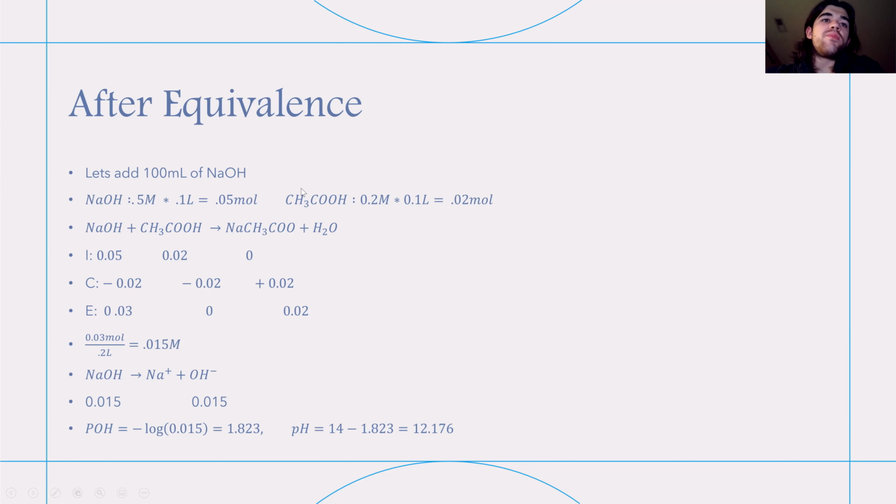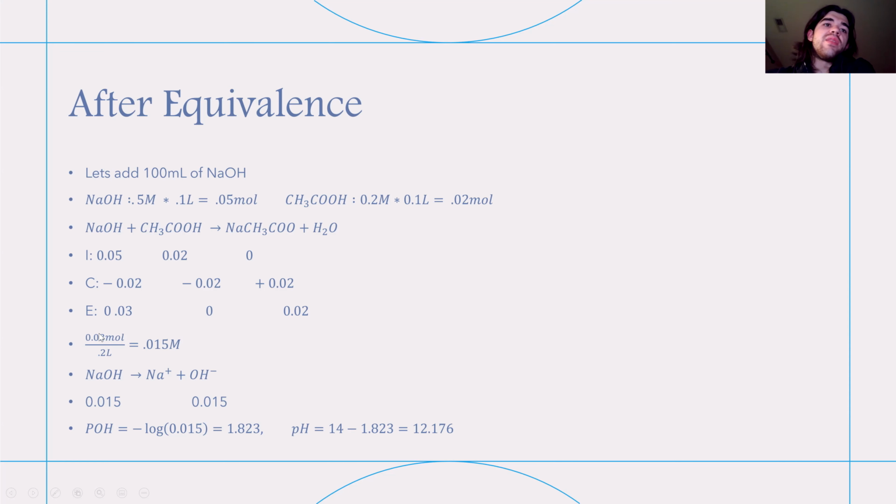We have our ICE table. Then once again, we just fill it out. We're left with acetic acid zeroing out because we should use up all of it and still have some sodium hydroxide left over, which we do. So then we add up our amounts. We had 1 liter here and we had 1 liter here, which is 2 liters.